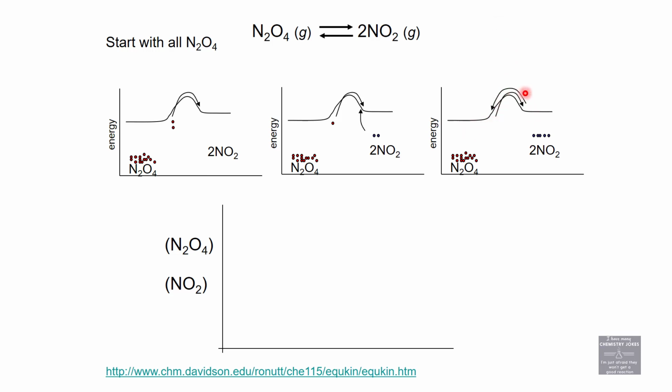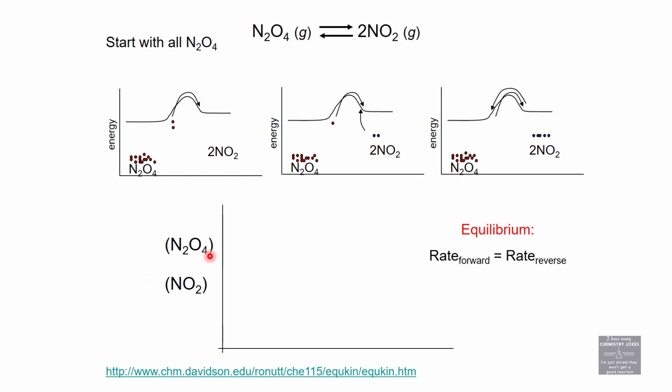When the rate of the forward reaction is equal to the rate of the reverse reaction, that is the official definition of equilibrium. In the beginning, the rate was only reactant being converted to product. At this point, reactant is still being converted to products, some products being converted to reactant. But here, the rate at which reactant is converted to product and product is converted to reactant is equal. That's the definition of equilibrium.